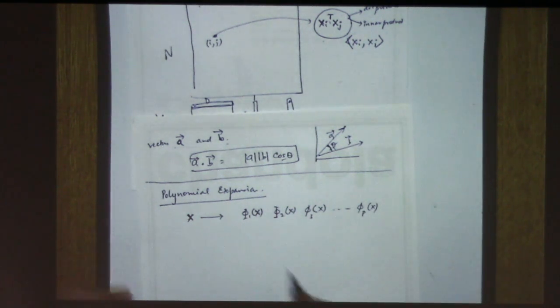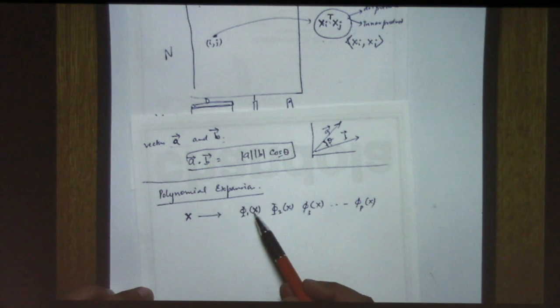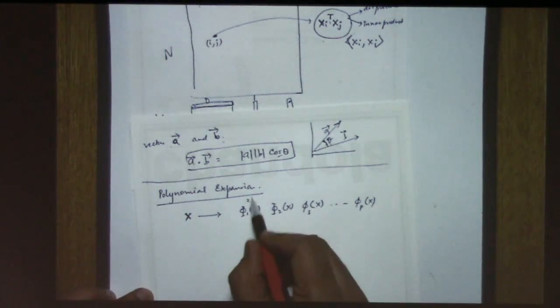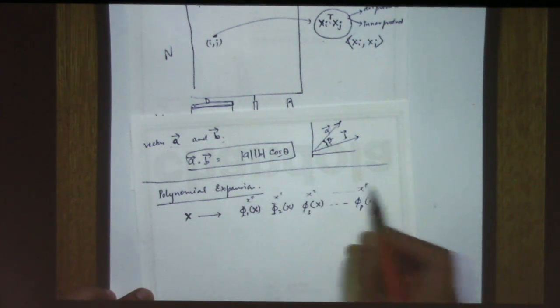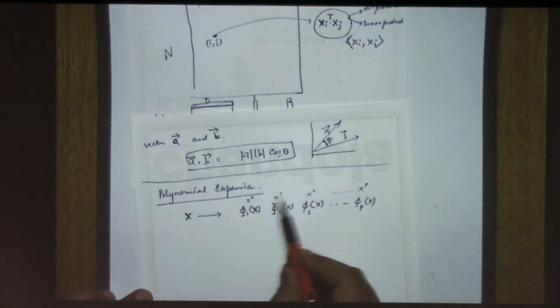In your case, for example, you're replacing x by x to the power 0, x to the power 1, x squared, all the way to x to the power p. Each one of these is like a function.